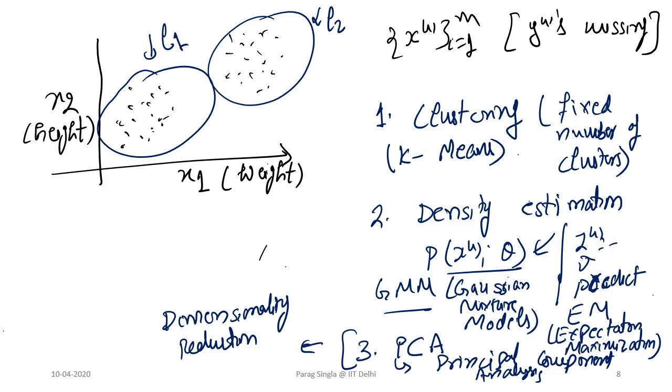And if you can identify that subspace using a set of mathematical techniques, then your learning becomes much more efficient, and you can also deal with overfitting efficiently. This is again done in the unsupervised setting, where your labels are not given to you. So these are the broad set of techniques that we'll study.